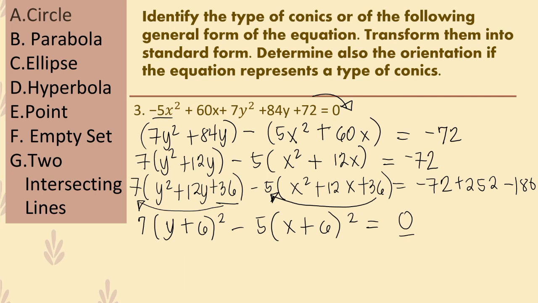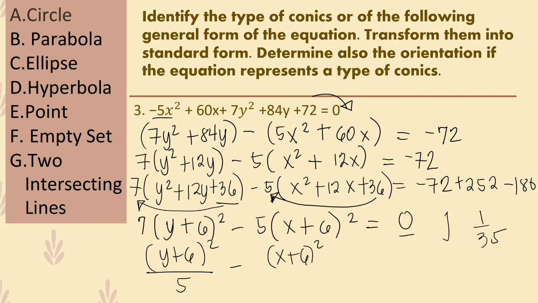So, multiply natin both side by 1 over 35. So, 7 over 35 is y plus 6 squared over 5 minus x plus 6 squared. So, 5 over 35 is 1 over 7 is equal to 0 times 1 over 35 is 0.